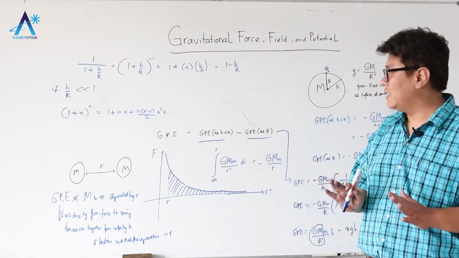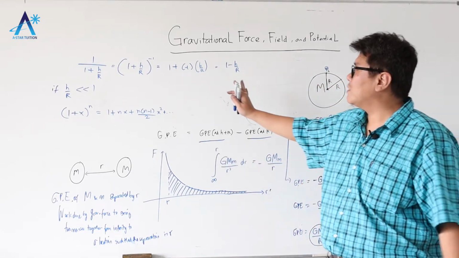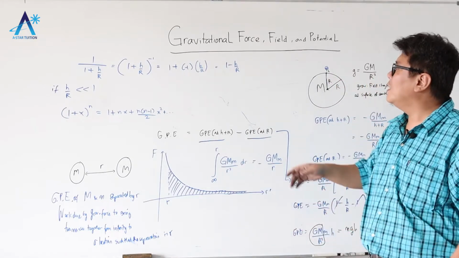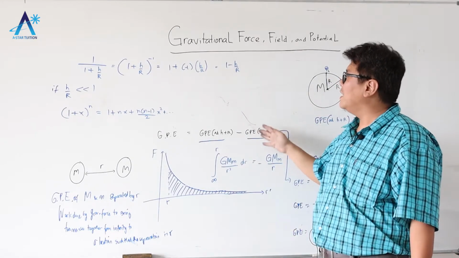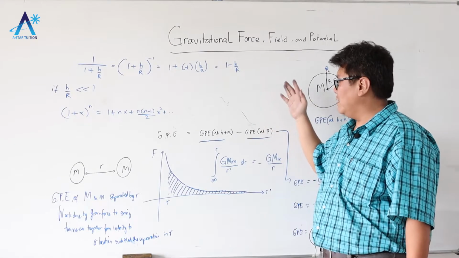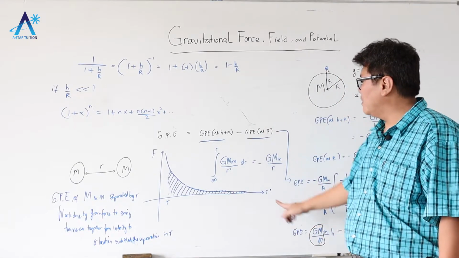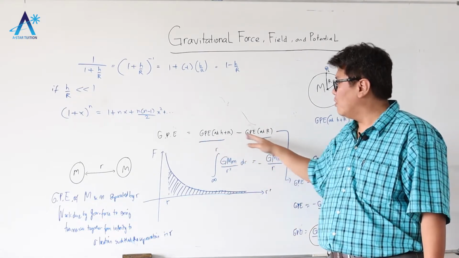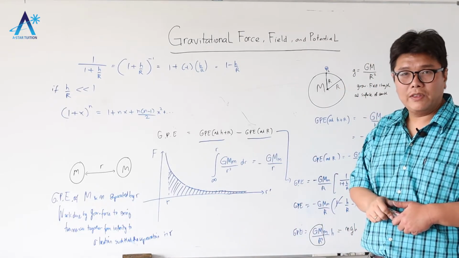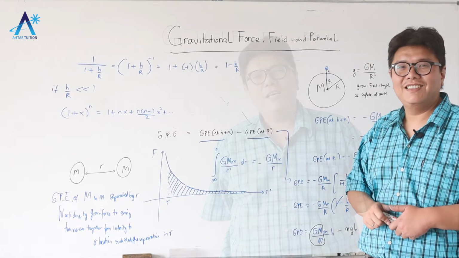I hope you understand this derivation. The derivation is actually not that important, but I hope you can understand how this is related to the more general definition of gravitational potential energy.